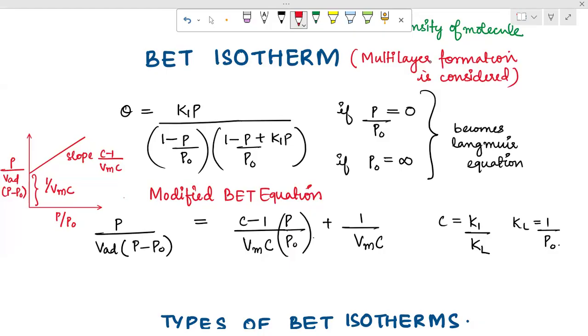So K1 is the first equilibrium constant. And what is KL? KL is equal to 1 by P naught, where P naught is the saturation pressure. Saturation pressure is the pressure beyond which the gas becomes liquid.